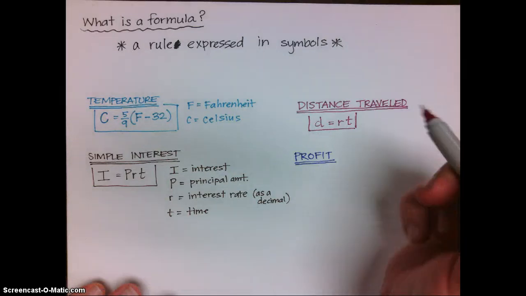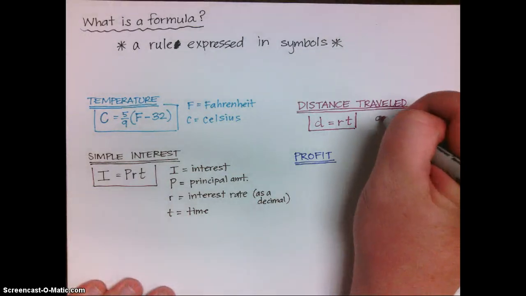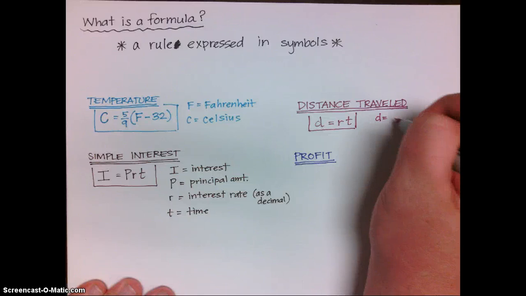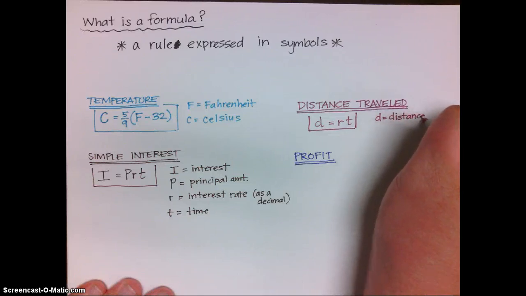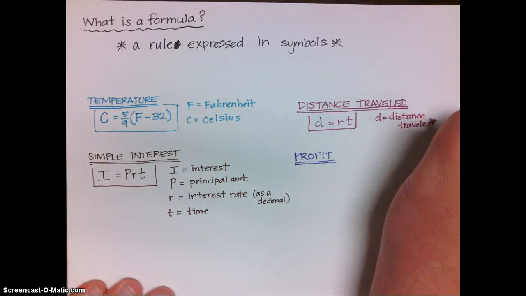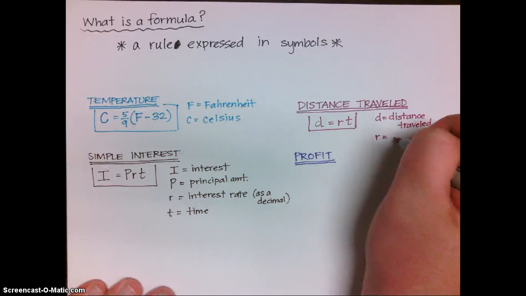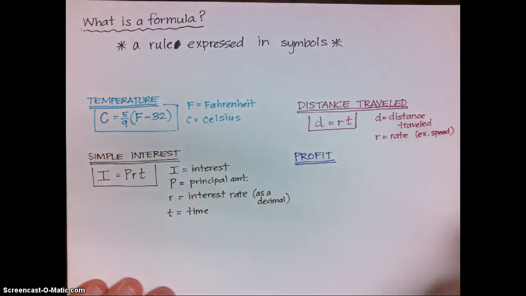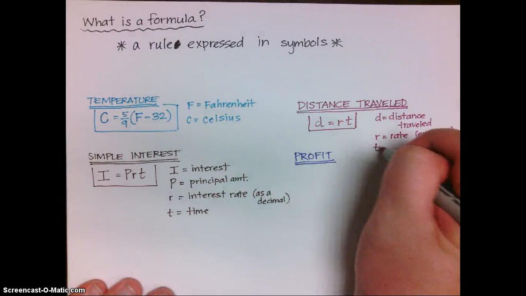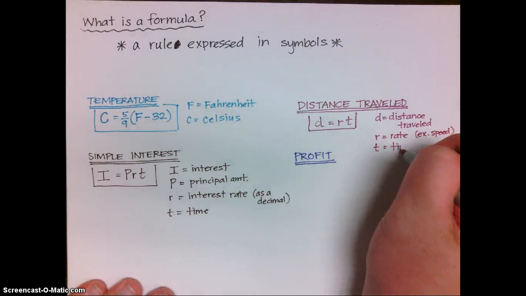So the distance traveled, lowercase d stands for the distance traveled. The lowercase r stands for the rate. Normally, it's probably talking about like the speed that you're going. And t, again, stands for time.